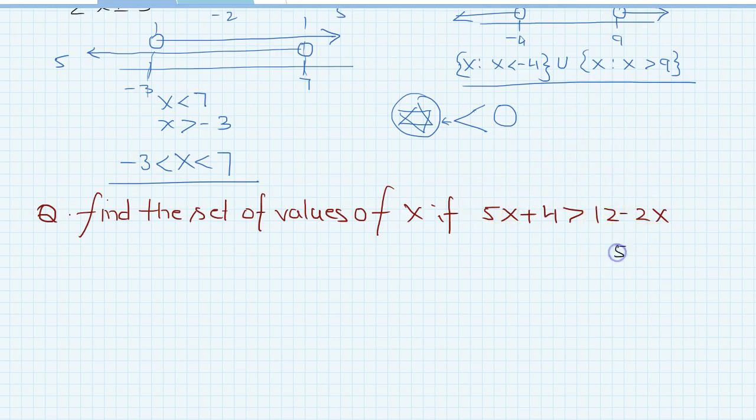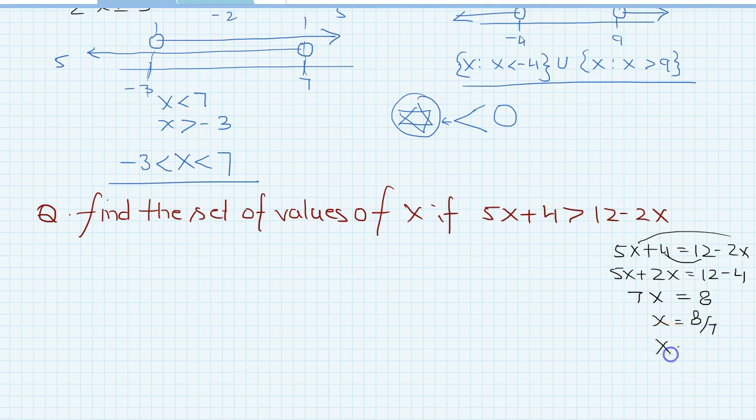For example, I can solve it like this: 5x plus 4 is equal to 12 minus 2x. I take it this side, so 5x plus 2x is equal to, and take 4 to the other side, so it will be 12 minus 4. 7x will be 12 minus 4 is 8, so x will be 8 over 7. So x will be 1 and 1 over 7.